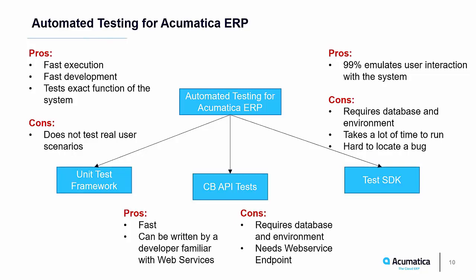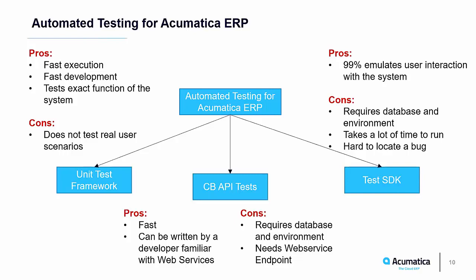However, for these contract-based API tests, the developer who writes them should be familiar with Acumatica APIs, and which is more important, the entities you would like to test should be included in the web service endpoint. So if you don't work with the default entities and you want to test your custom entities, you would probably need a specific web service endpoint.